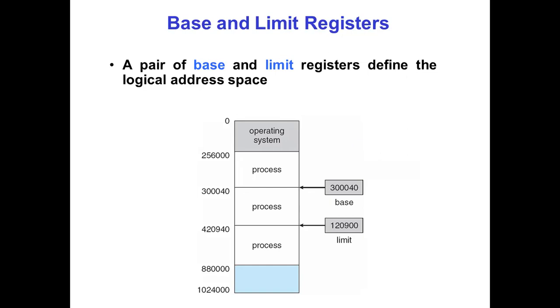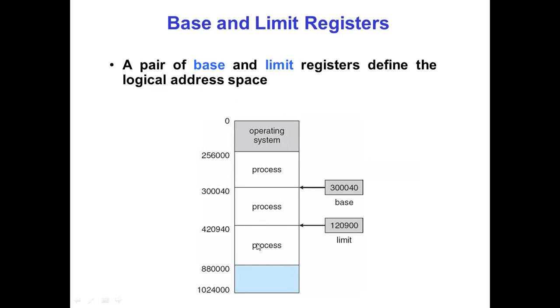How are we going to get the logical address space? We consider there is a pair of registers, a base and a limit. It will give you the logical address space. Now we can see this is the division of the area to store several processes, process 1, and this is fixed.